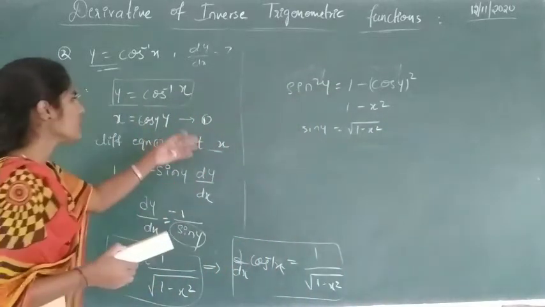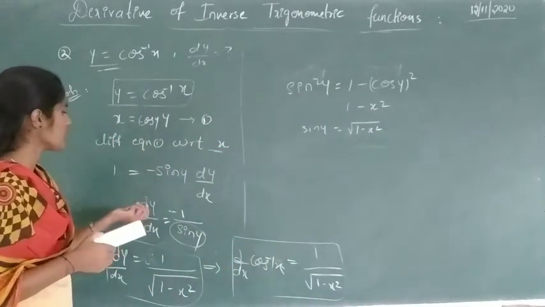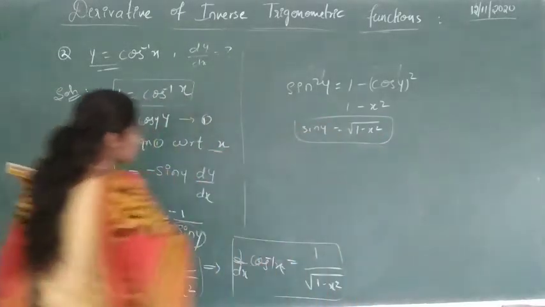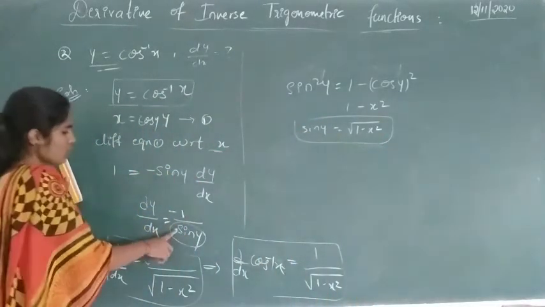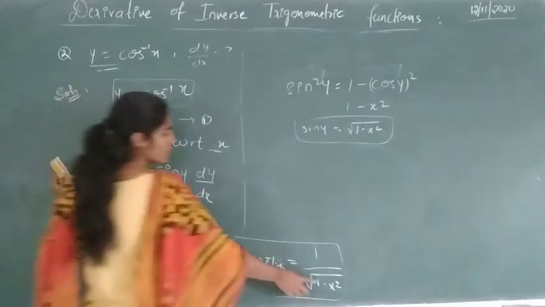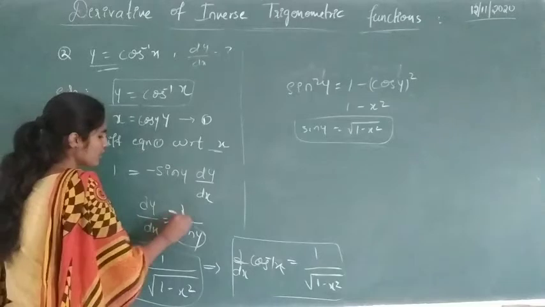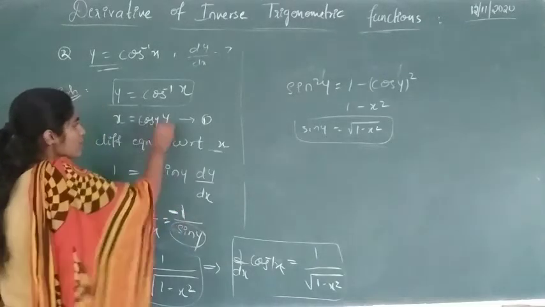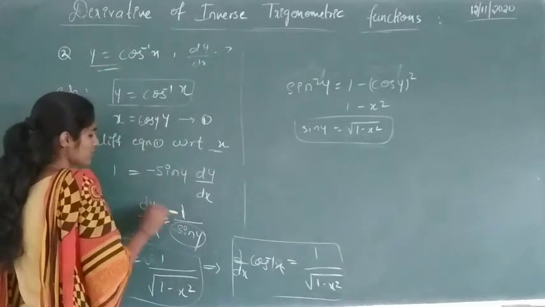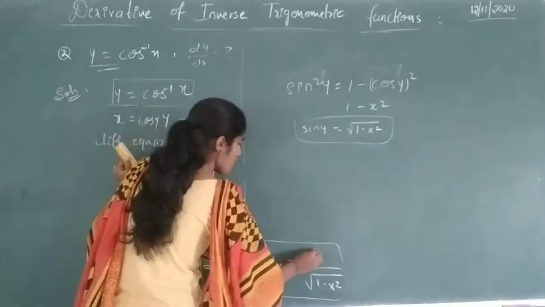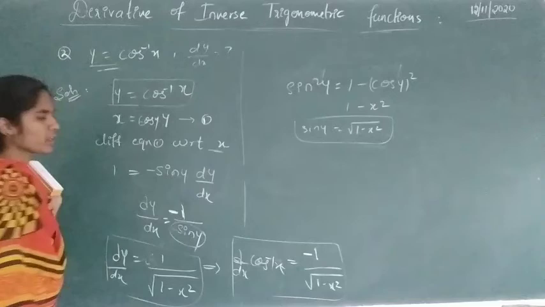This is similar to the previous proof, that is y is equal to sin inverse x. So sin y here is square root of 1 minus x square, but the extra term here we have is this minus. Why? Because derivative of cos y is minus sin y. So dy by dx, that is derivative of cos inverse x, is minus 1 divided by square root of 1 minus x square.